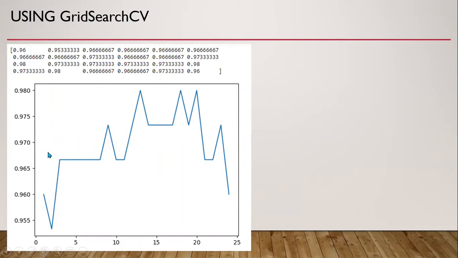Initially, the accuracy is about 96%, then 95%, then it increases, similar to our previous example, then it gradually decreases. So we can set our number of neighbors somewhere between 13 and 20. So this is how we can tune the hyperparameter or number of k neighbors in this classifier.